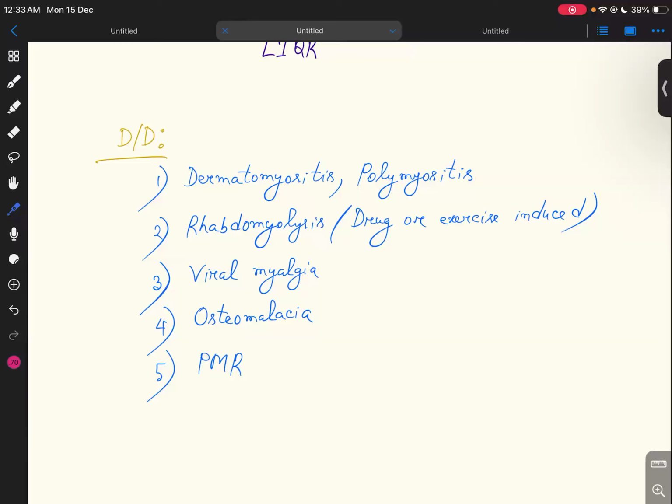I had run for a long period of time, and I had diffuse body pain. So for this body pain, I started taking some painkiller. So what do you think? The diagnosis is rhabdomyolysis for sure. But what is the important safety netting we have to tell this patient? Can anyone tell me?